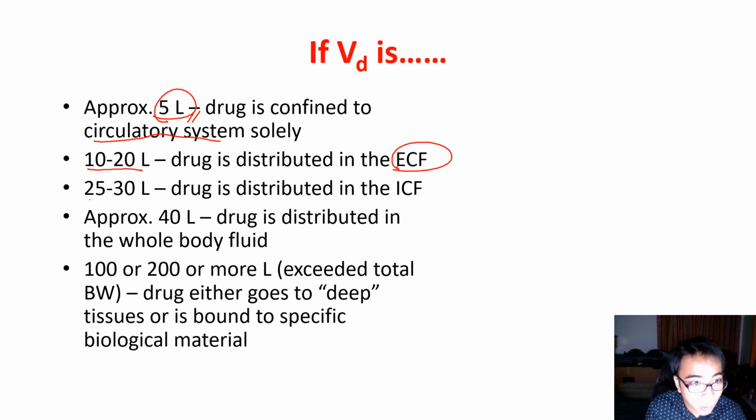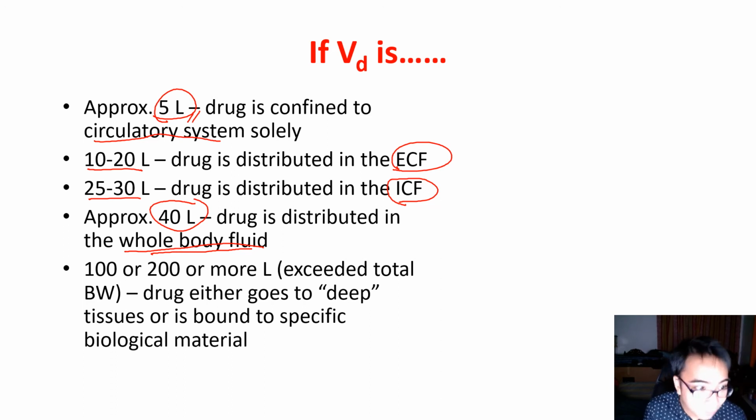If more than that, 25 to 30 approximately, it is in the ICF, the intracellular fluids. If it's approximately 40 liters, the average volume of a 70 kilogram person, we can assume that the drug is distributing from head to toe, the whole body fluids.